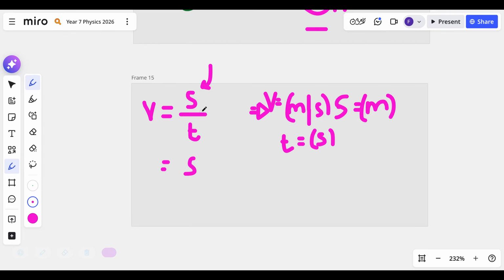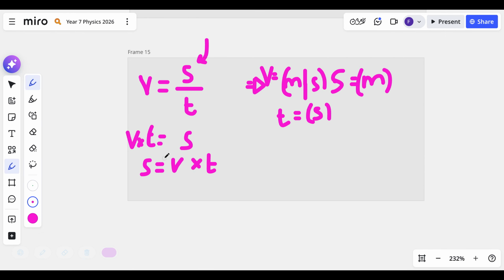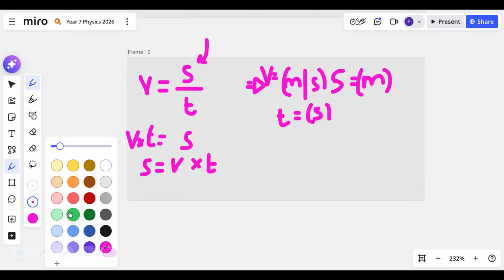I times by T to get rid of it. So we end up with V times T. Now, it doesn't matter which way around it is. So I can switch the sides around. Displacement equals velocity times time.